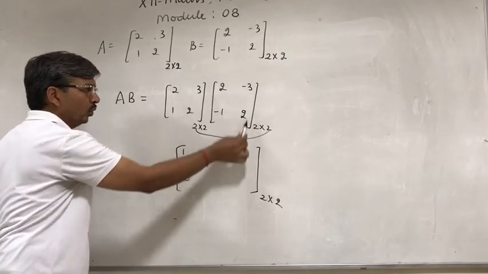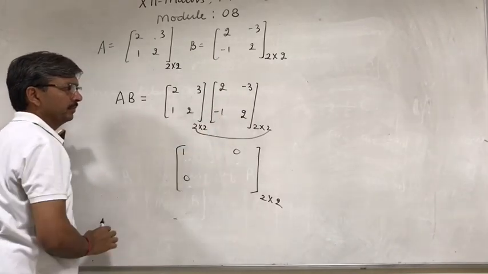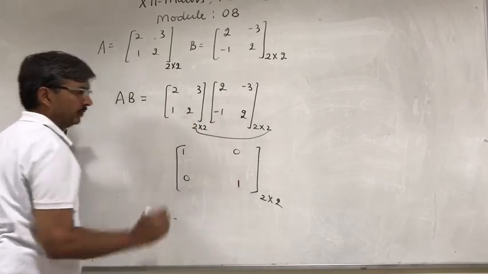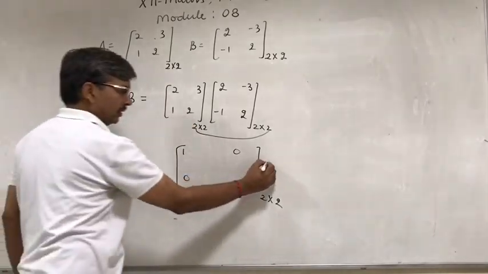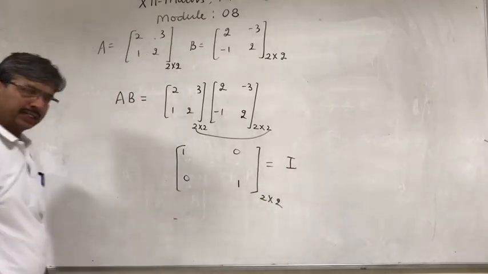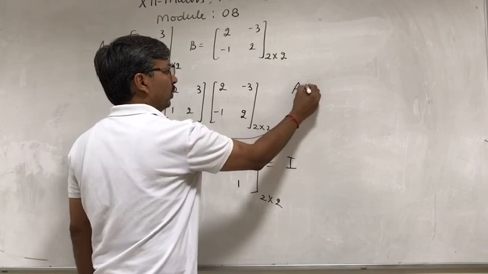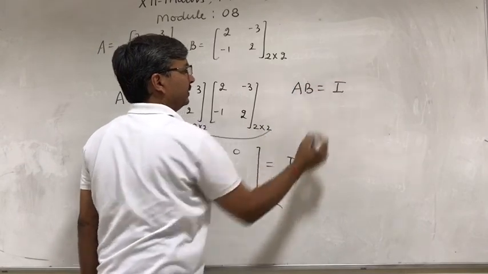A22: minus 3 plus 4, 1. This is the identity matrix I. Therefore, from here we got AB equal to I.